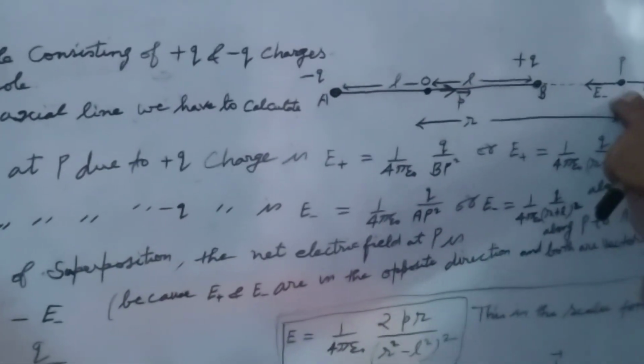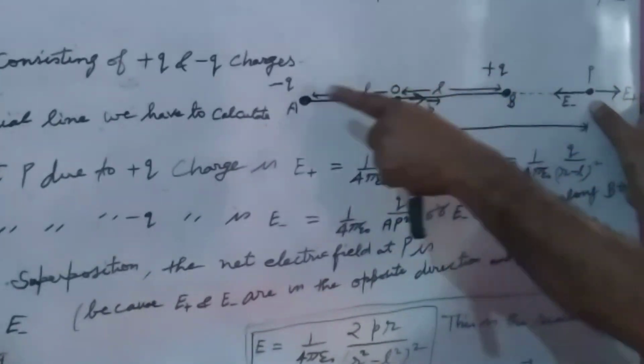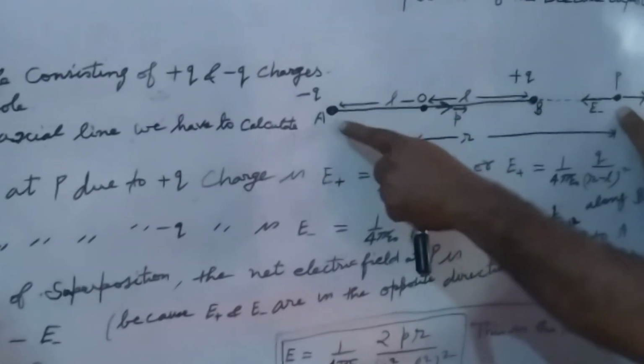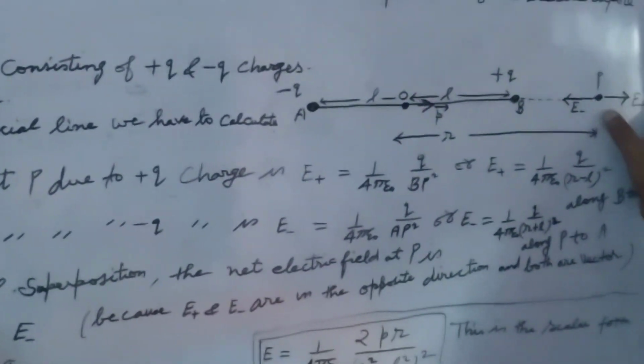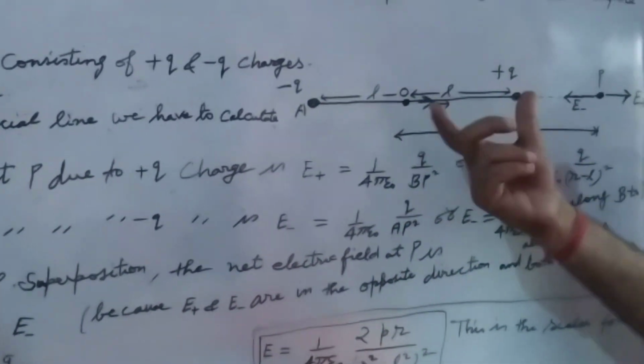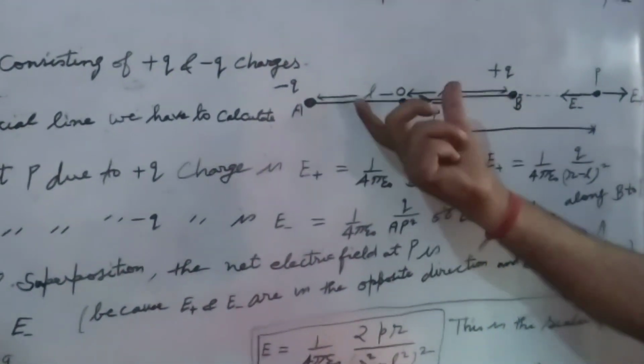So electric field intensity at P due to the negative charge is from P to A. It is not considered as A to B. Is it clear?